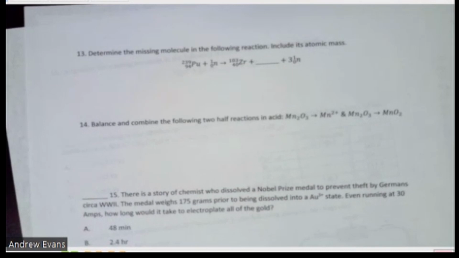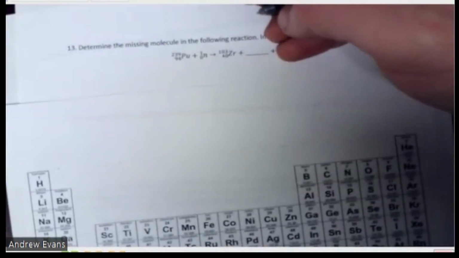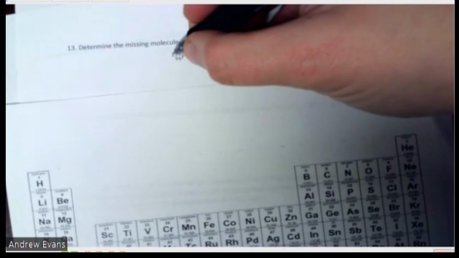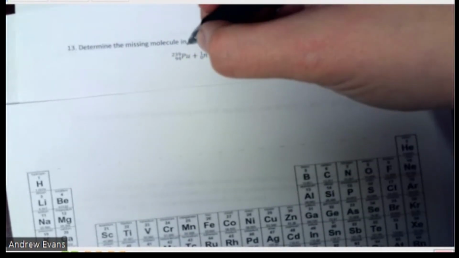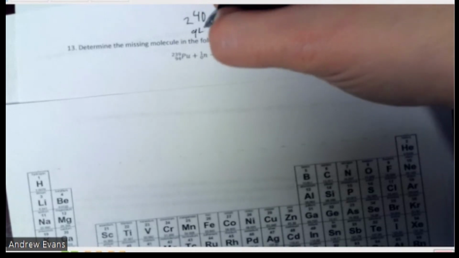Okay. Determine the missing molecule from this radioactive equation. So this is once again another chapter 20 problem, nuclear chemistry. The sum of these should add up. 239 plus 1 is 240. 94 plus 0 is 94.